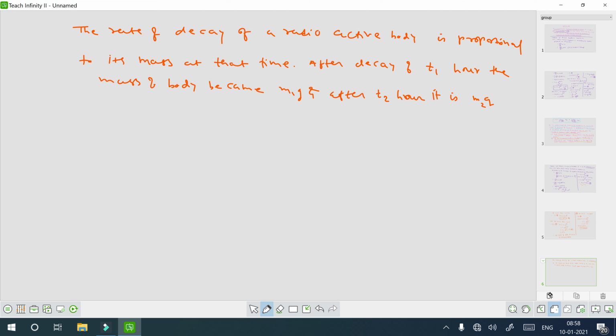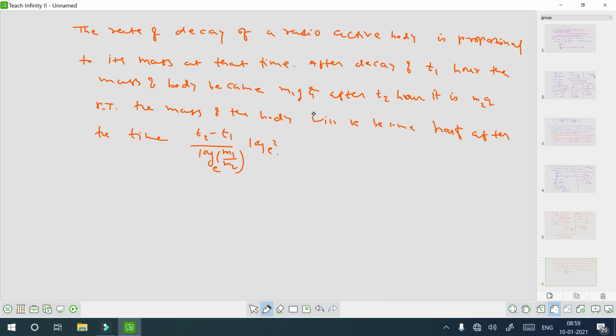Prove that the mass of the body became half after the time T2 minus T1 over log m1 by m2 base e into log 2 base e.